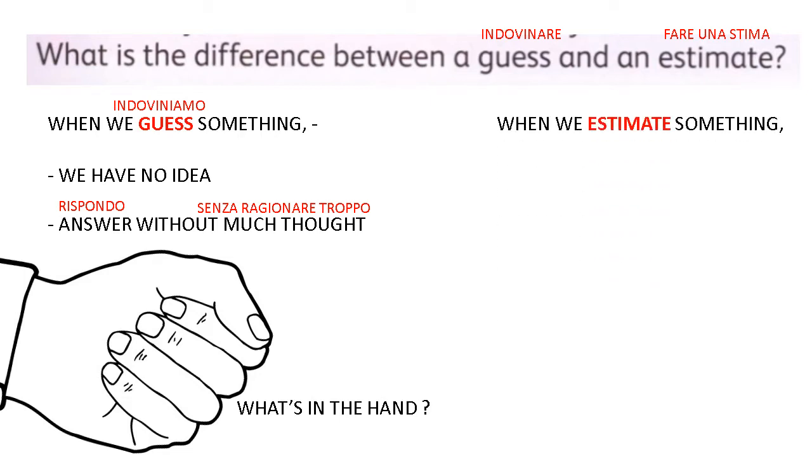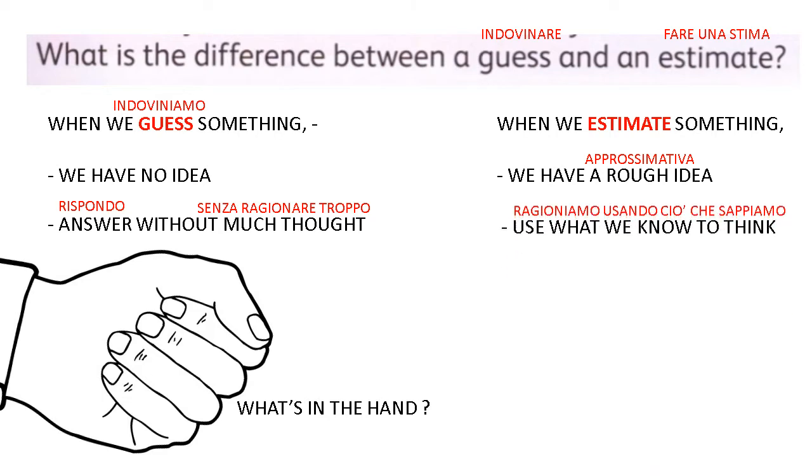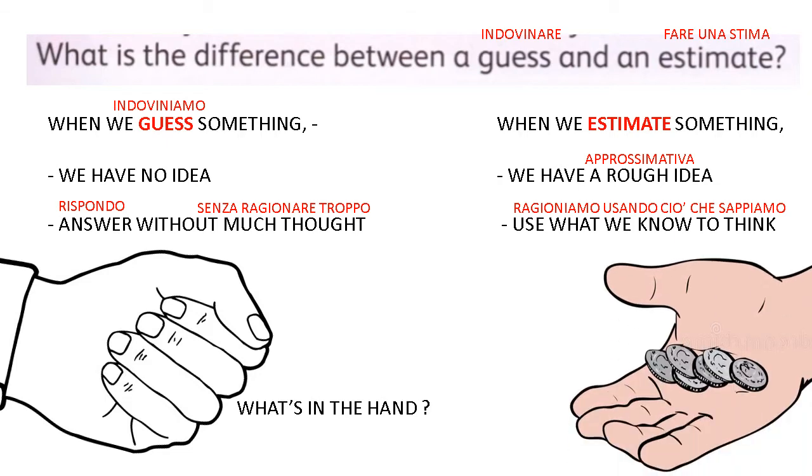When we estimate something, we have a rough idea. We can use what we know to think about a question. Take a look at this example. Here is a hand. In the hand, there is some money.